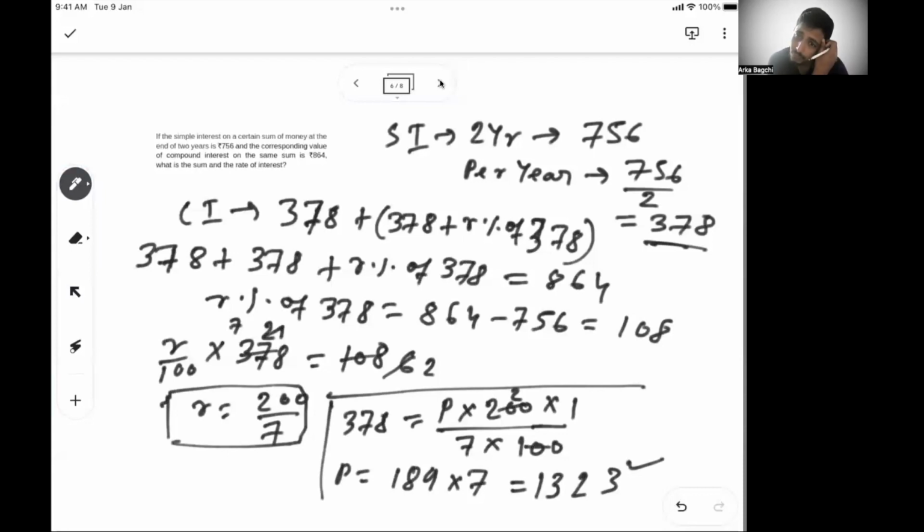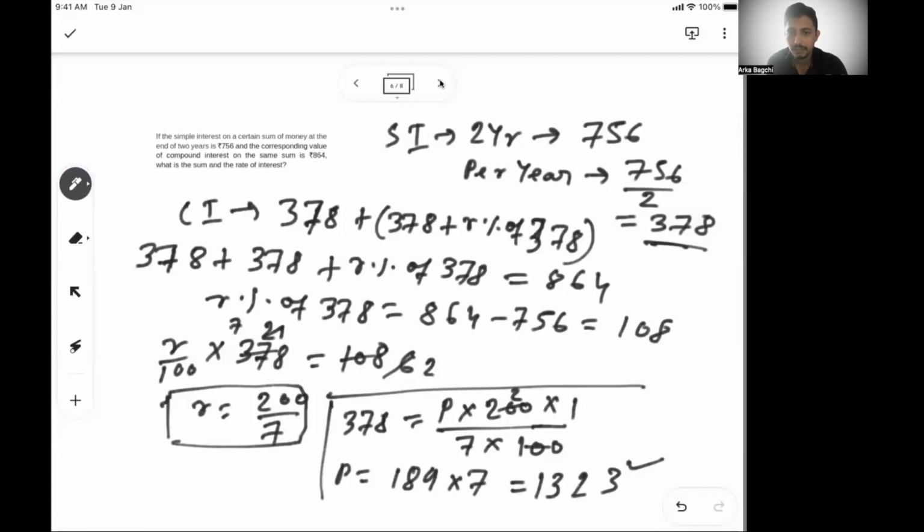So what we did, we know simple interest for 2 years is going to be 756, so by 2, 378 is the per year interest. And then we calculated from there what is the CI, because the CI for the first year is 378. CI for the second year will be 378 plus R percent of 378.